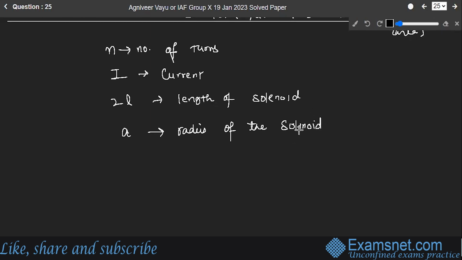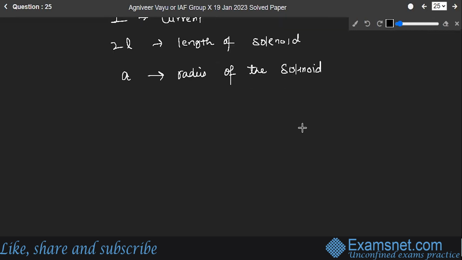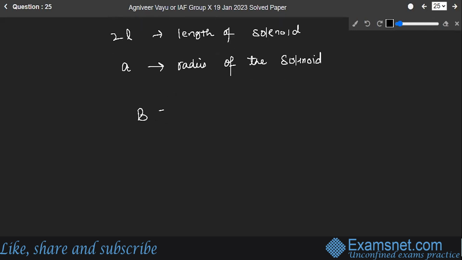So in the question, let's say B is the magnitude of the magnetic field at a far distance along the axis of the solenoid. And this is given by B is equal to mu naught Ni upon 2 into 2Ia square upon R cube.